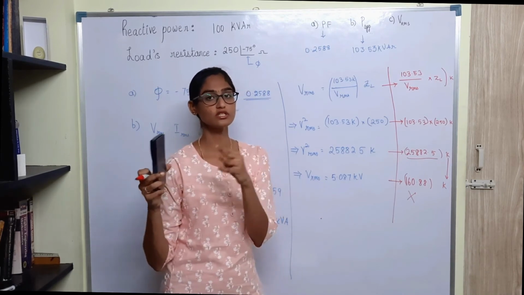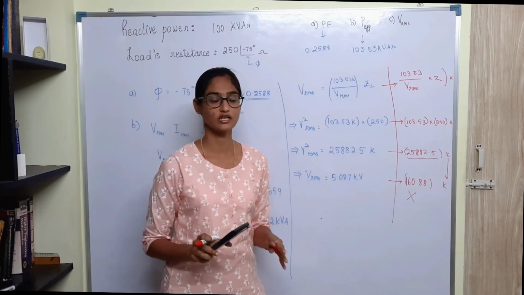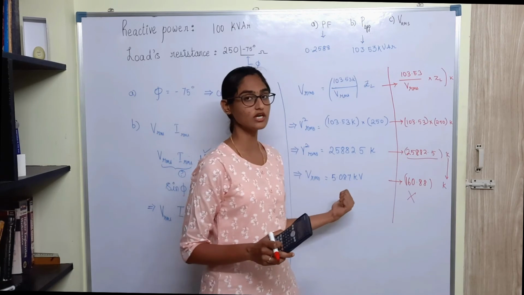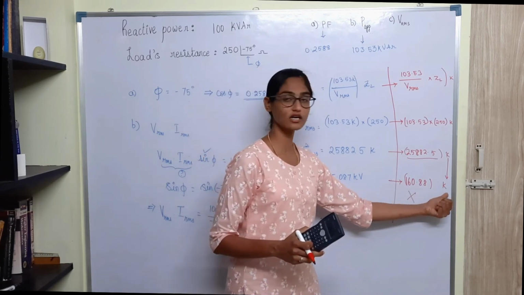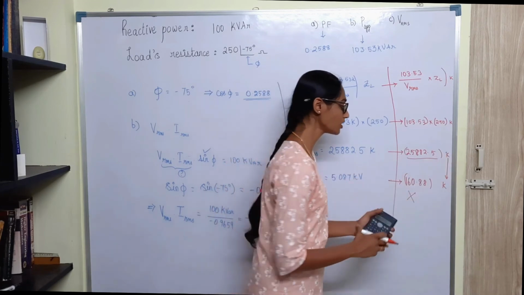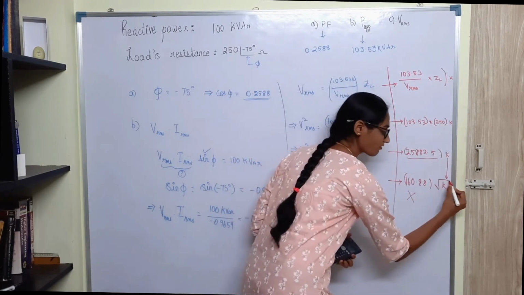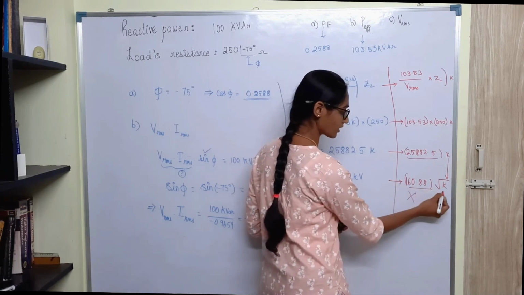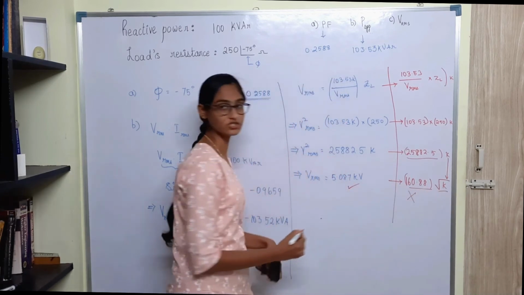If you do the square root of 100, it will be 10, so you can just scale down easily. But when you are finding the square root of 1000, you will think that you can take care of it in the units. But when you are taking the square root, you should consider root of K. It is not K. So if you multiply this by the square root of 1000, you will get the correct answer.